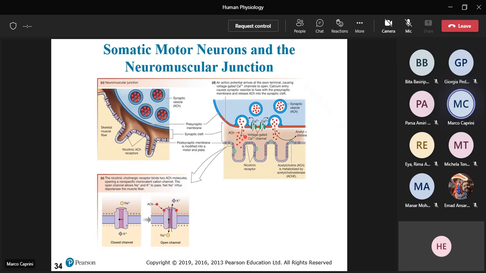Every time the acetylcholine is released in the synaptic cleft, it binds to the nicotinic receptors and sodium ions flow inside of the sarcolemma, depolarizing the postsynaptic cell, the muscle fiber.